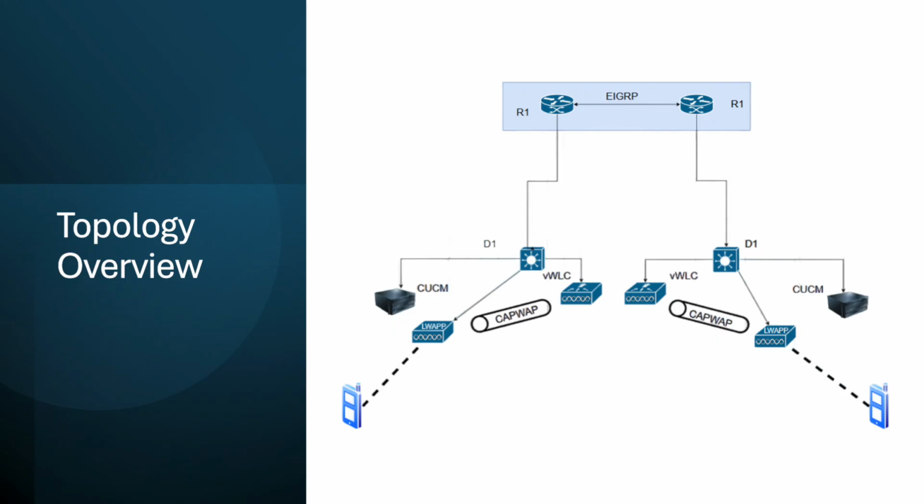And then D1 is connected to the CUCM and our vWLC. Our lightweight AP is also connected to D1, and that forms a CAPWAP tunnel to the WLC. And our phones are wirelessly connected to our APs.